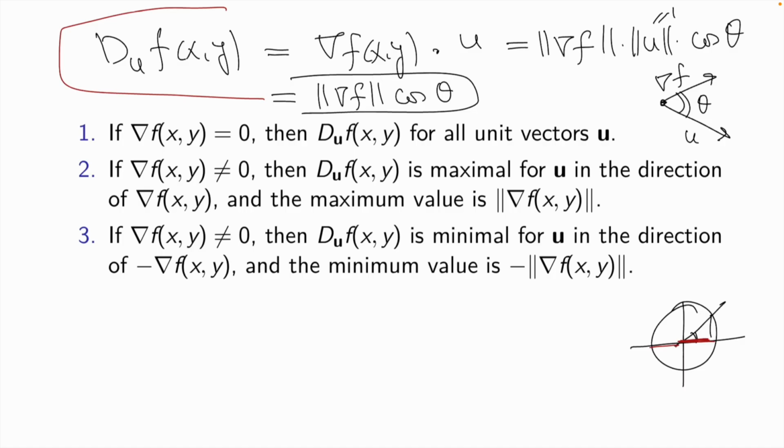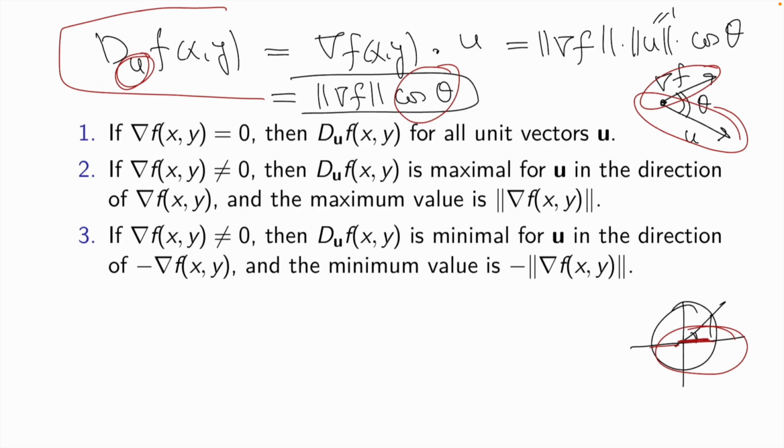I mean, when the rate of change of the function is going to be the maximal possible. That happens when this cosine is 1, which means when the angle between these two is 0. In other words, when the direction u is the same as the direction of the gradient. So we deduce then that the direction in which the derivative indicates the maximal rate of change is actually the direction of the gradient. And on the other hand, the minimal rate will be in the opposite direction of the gradient.